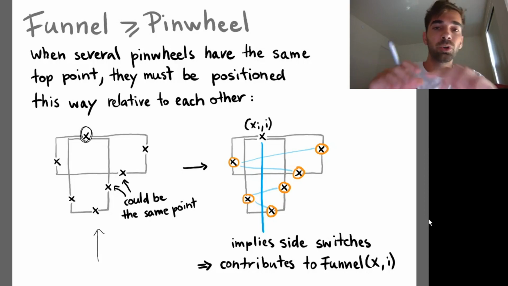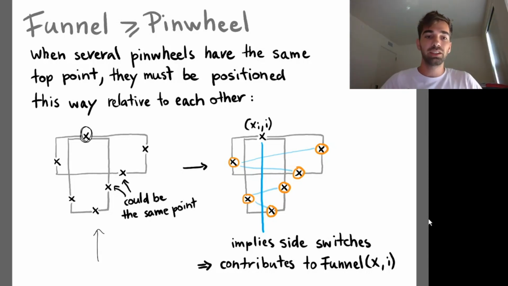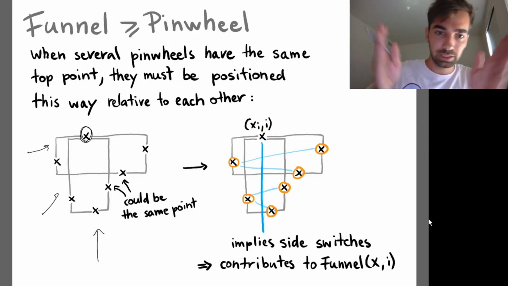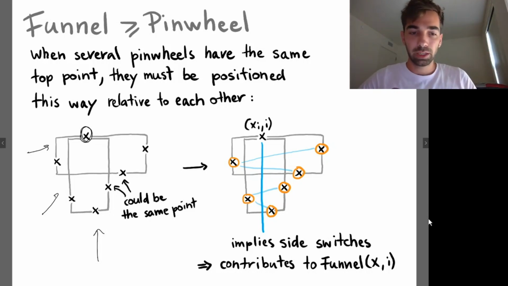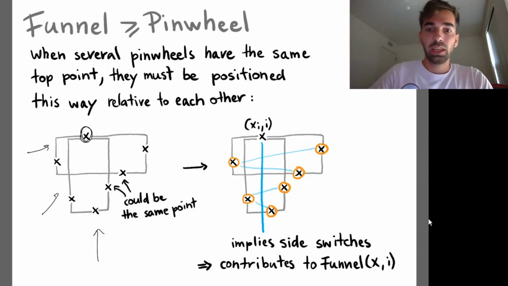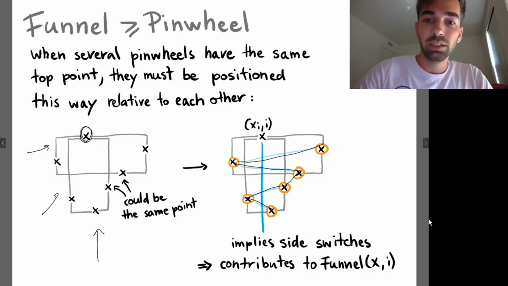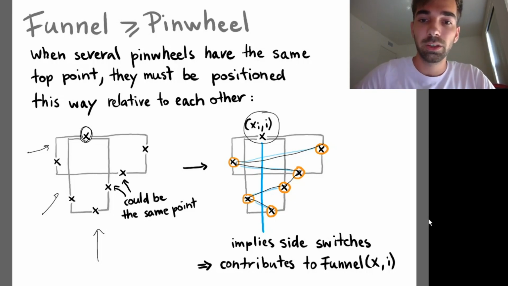Like they must always be in a sort of staircase pattern where the highest one is very wide, and as you get lower, it gets narrower. And this configuration ensures that there's going to be many points on either side of the dividing line for this specific axis.